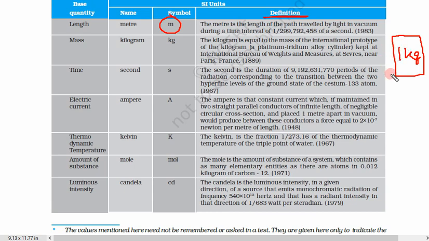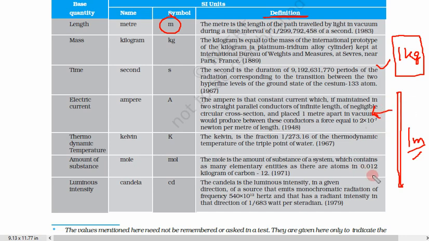That's why the standard kilogram was set. Similarly in Paris there was a stick. That stick was called the 1 meter stick. Everyone else measured their stick in comparison to that stick. That's why the meter became one standard.